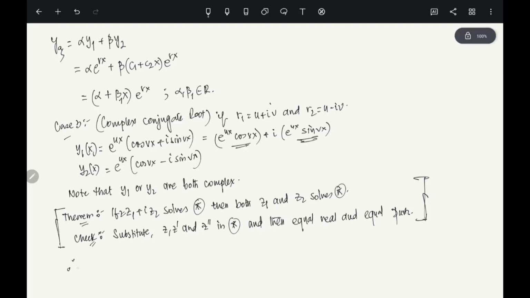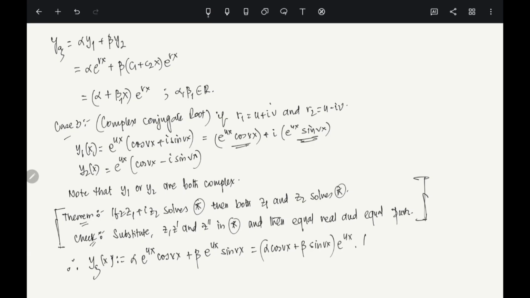Therefore the general solution yg of x can be defined as alpha times e power ux cosine vx plus beta times e power ux sin vx. If you want to write it properly, you end up with (alpha cosine vx plus beta sin vx) times e power ux, where alpha and beta are in R. I hope this is clear to you. We are going to use the same sort of concept later also, so I want you to understand what is happening here.